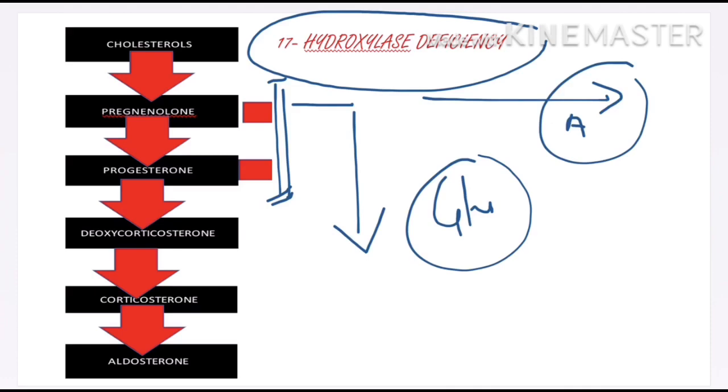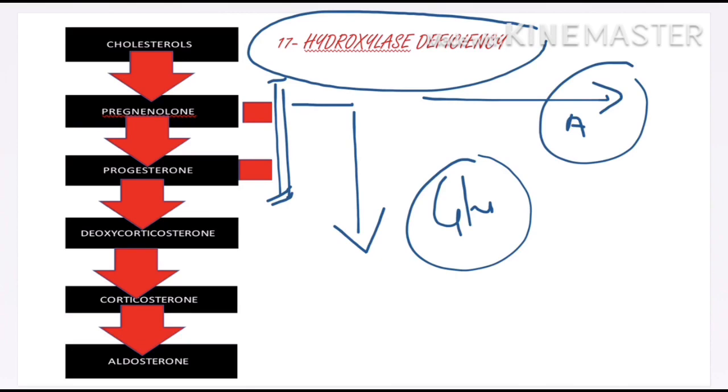What happens to male and what happens to female. As there is no androgen, male here present with ambiguous genitalia and female present with failure of sexual development at expected time of puberty.